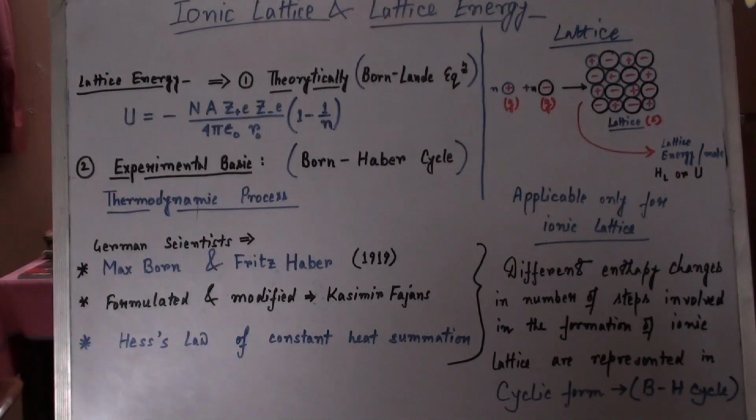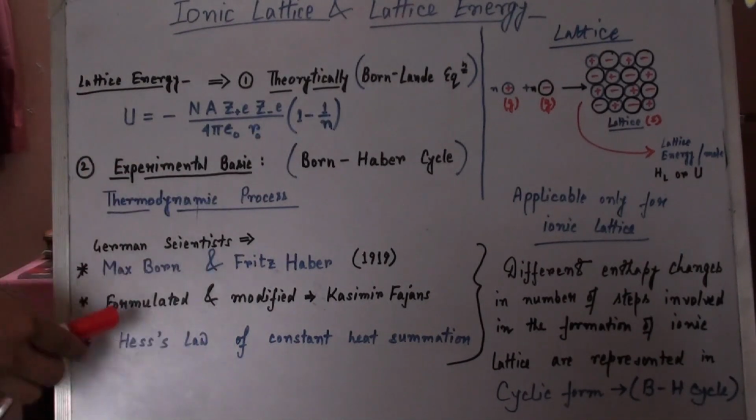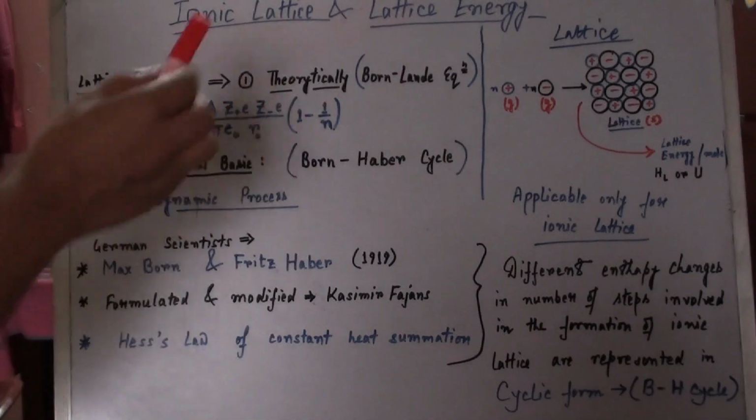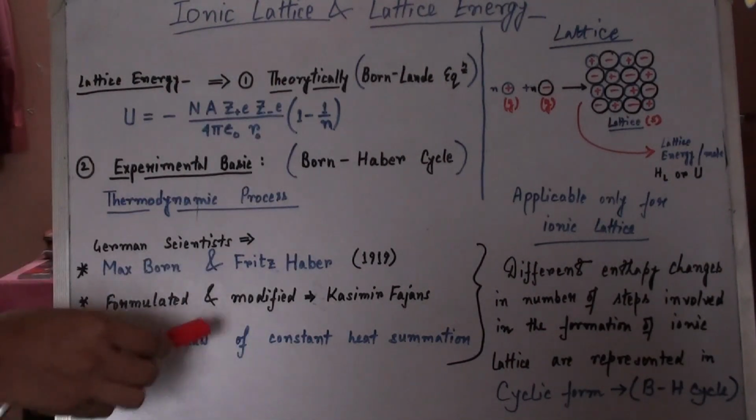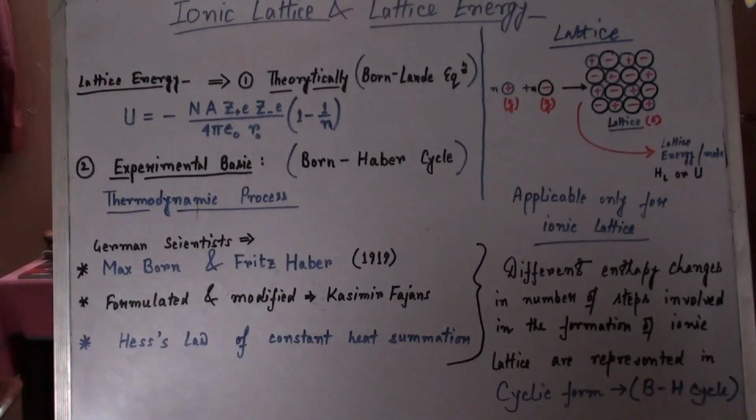So let us see a brief history of this thermodynamical cycle. It was first introduced by Max Born and Fritz Haber in 1919. They first proposed this type of thermodynamical cycle. After that, it was formulated and somewhat modified by Kasimir Fajans, and to calculate the lattice energy using this cycle, we have to use Hess's law of constant heat summation.